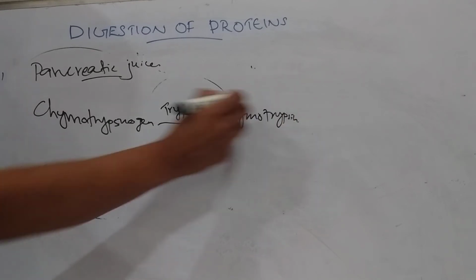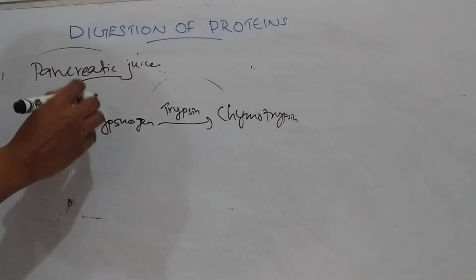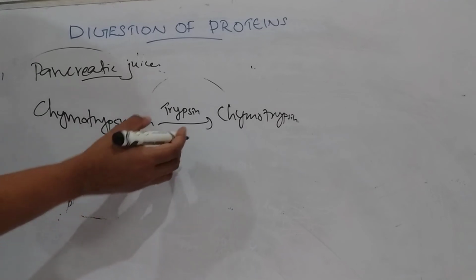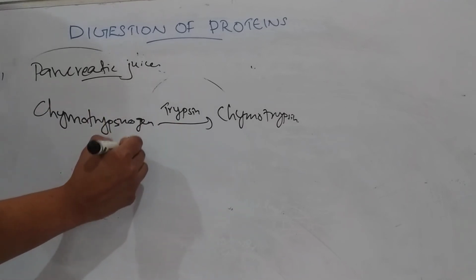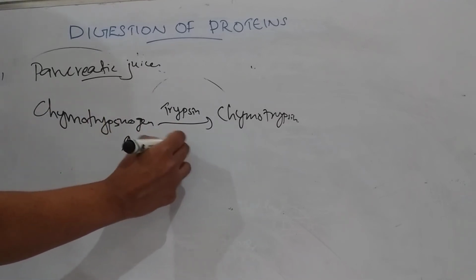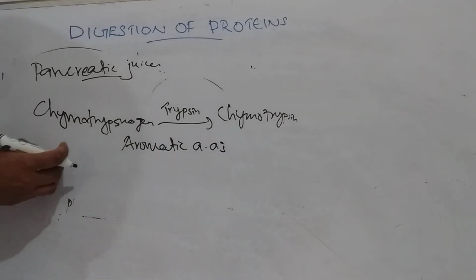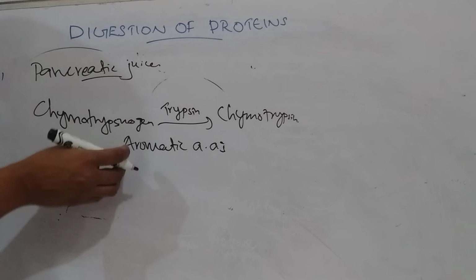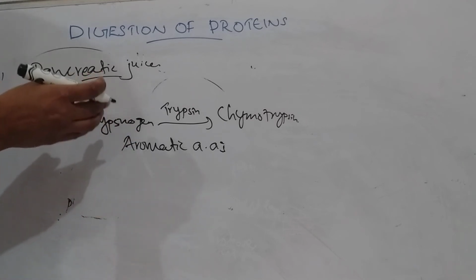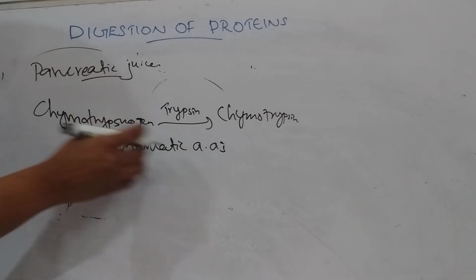And this chymotrypsin hydrolyzes peptide bonds formed by the carboxyl groups of aromatic amino acids.